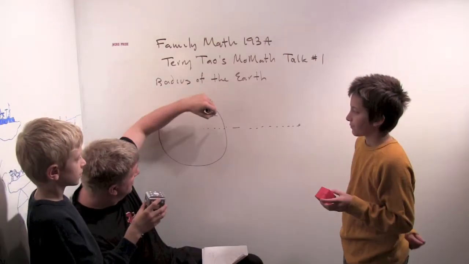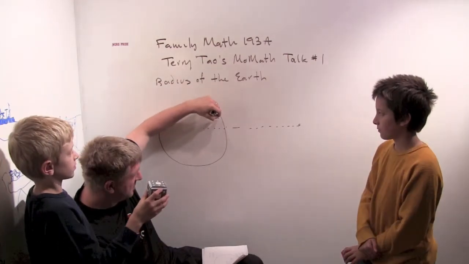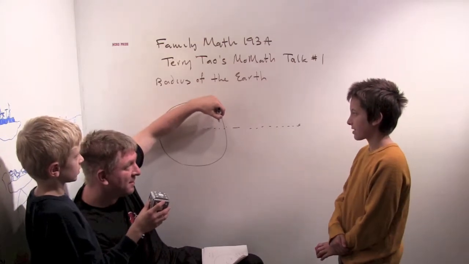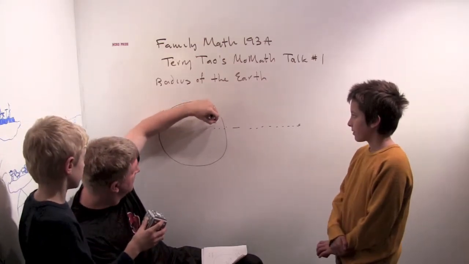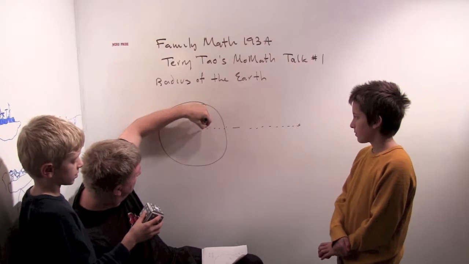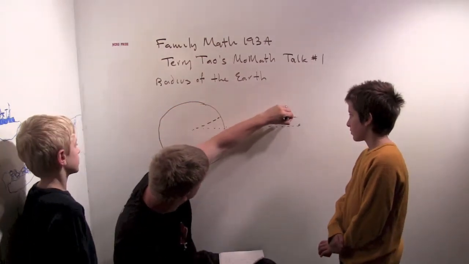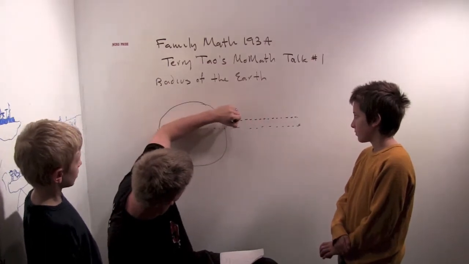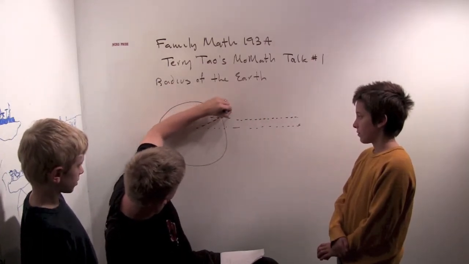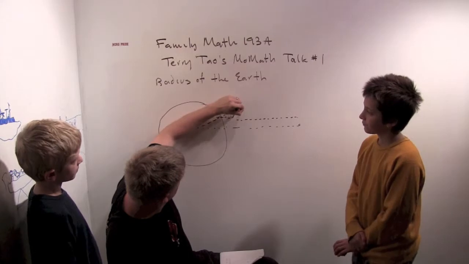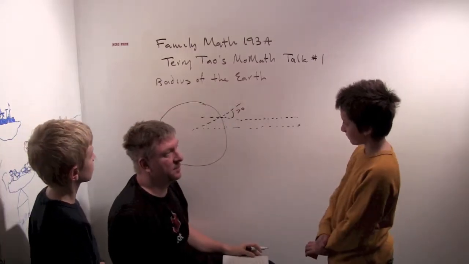And he noticed that in the town he was in, Alexandria, that would be up here on the Earth, the sun's rays were coming in. They weren't quite overhead. And he measured that to be a 7-degree angle.